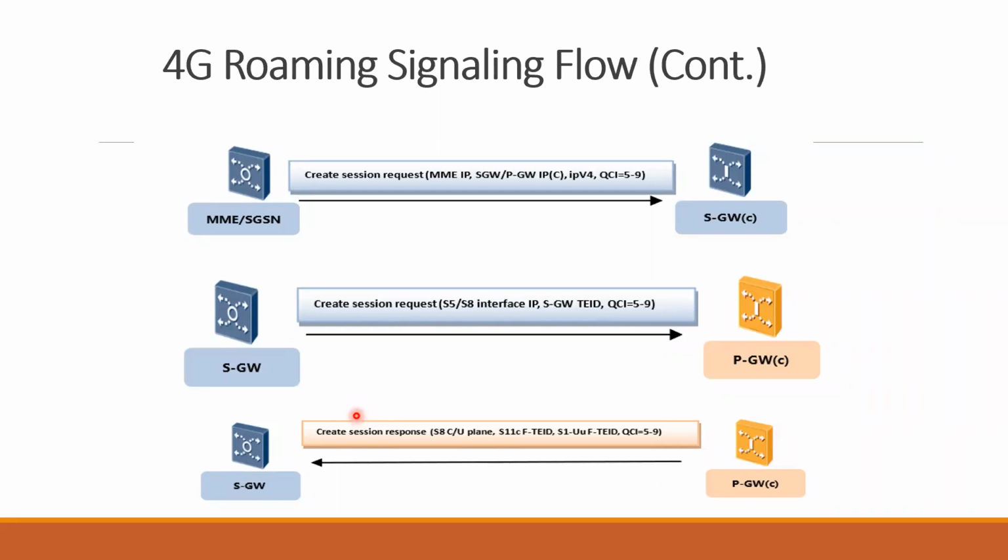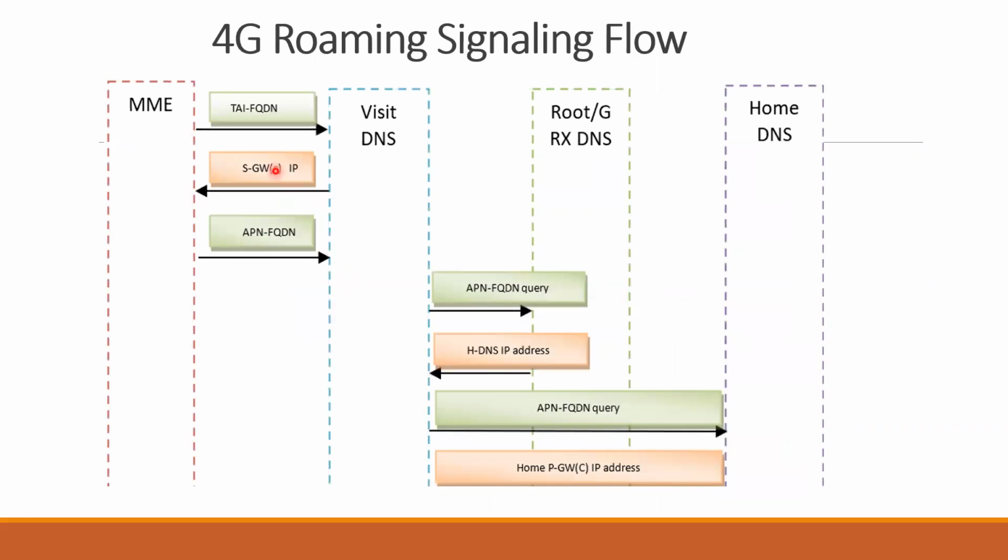For 2G, 3G, and 4G, the flow is a little bit similar. The only thing that is different is the name of the nodes. And then there is one SGW node which needs to be resolved based on tracking area ID.